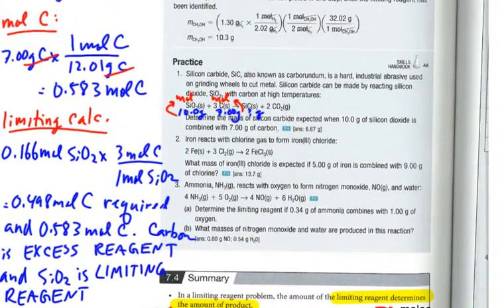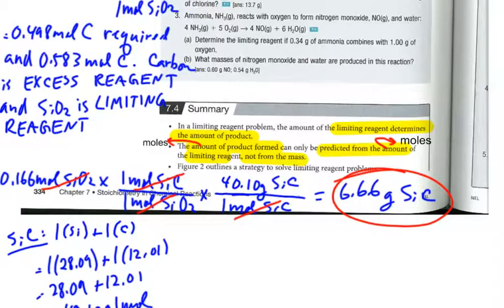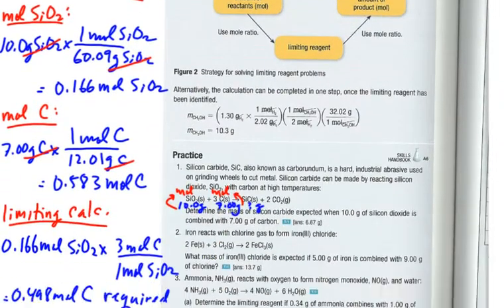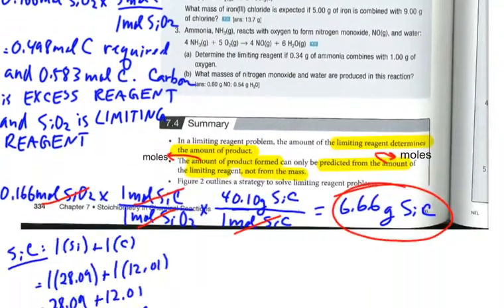So you can see with all these, especially with the second part of this booklet, when we're given reactants in grams, we have to change it to moles so that you can use the mole ratio in the equation. And of course, figure 2 outlines the strategy here. It's very similar to the strategy I outlined here, going from grams to moles, using the mole ratio, then going from there.